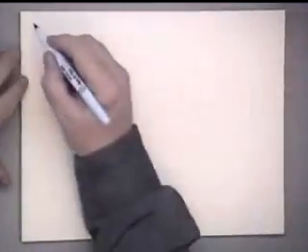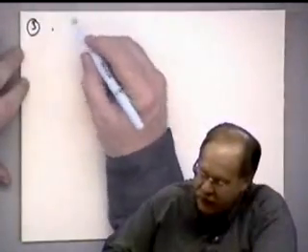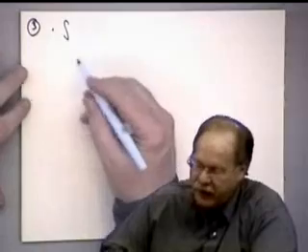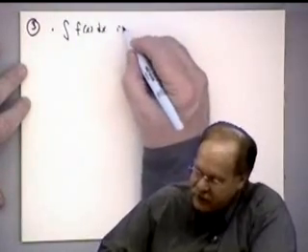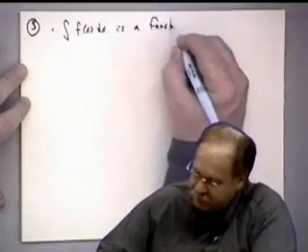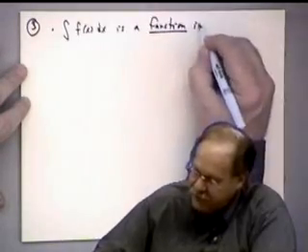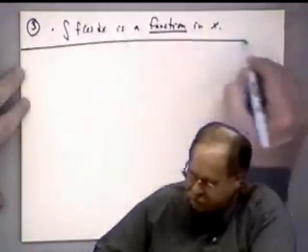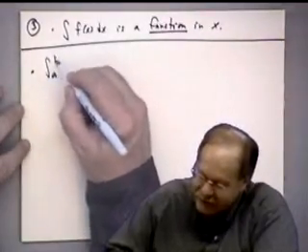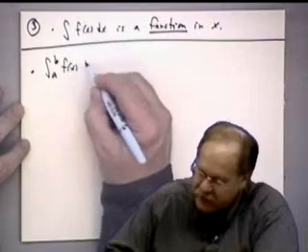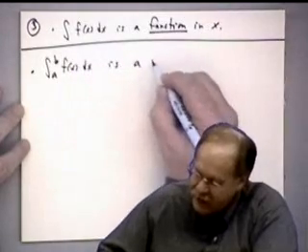One last note, and this is a reminder and a piece of terminology. The indefinite integral of f of x dx is a function. It is a function in the variable x. That's what we saw previously. Whereas the definite integral from a to b of f of x dx is a number.